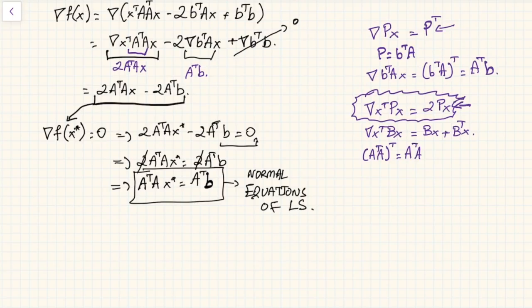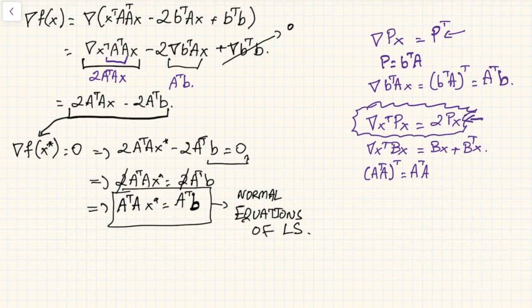Now, if you know that A transpose A is invertible, then you've got an explicit closed form solution. Then your x star can be written as A transpose A inverse times A transpose b. And this is what people usually refer to as the least squares solution.